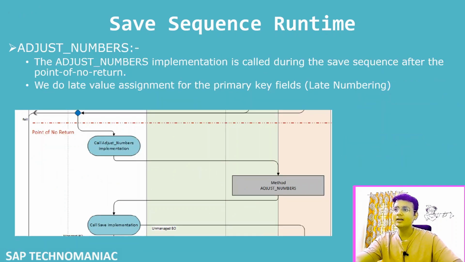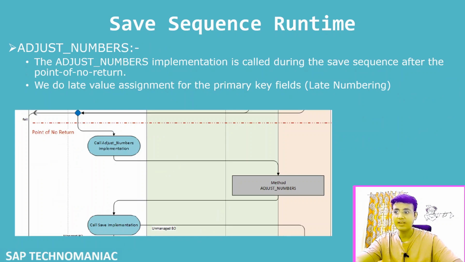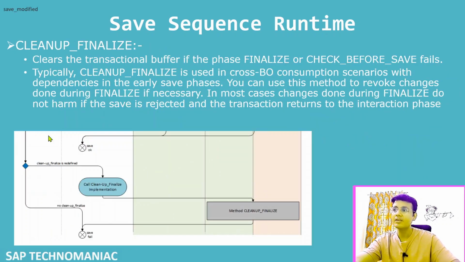But during the check before save and finalize, if it failed, it will come directly to this method which is called the cleanup finalize. During the check before save or during the finalize method, if something goes wrong, this error will come. Still, sometimes we want to clear the transactional buffer because something went wrong in the finalize and the check before save method.